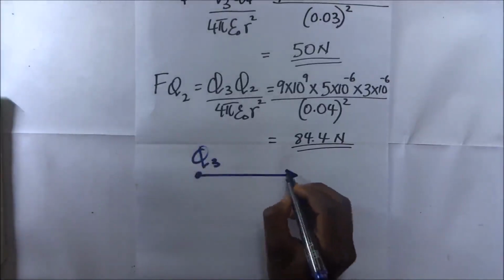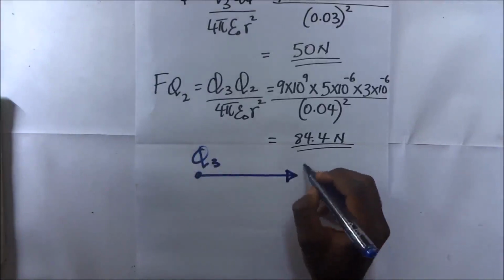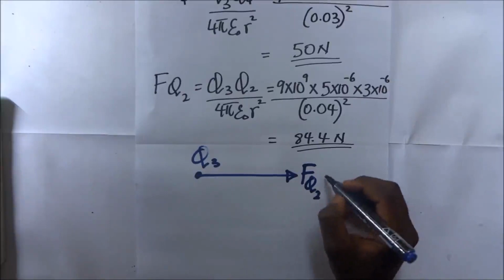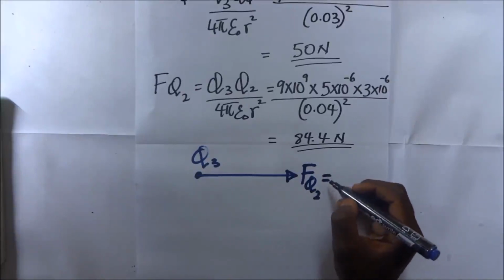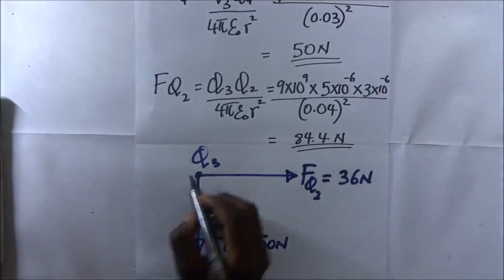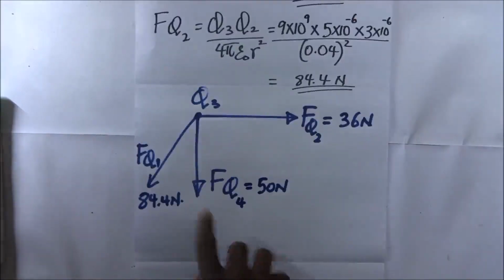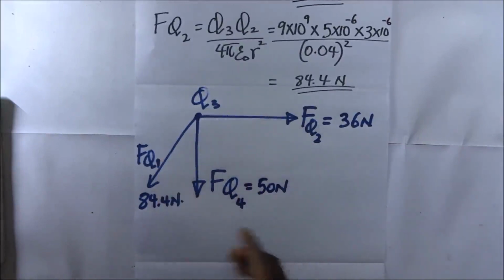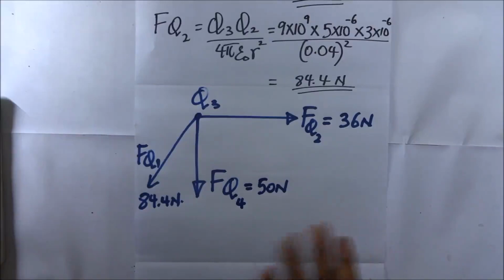It is having a force acting that way, FQ2, which we have found to be 36 newtons. So from this we are going to now resolve these forces along the x-axis and along the y-axis, and then we will be able to get the resultant of the forces.